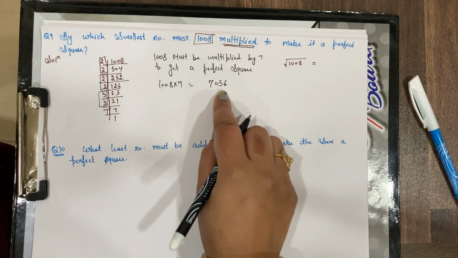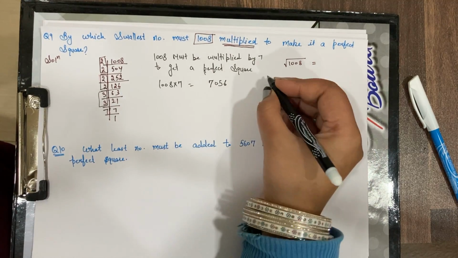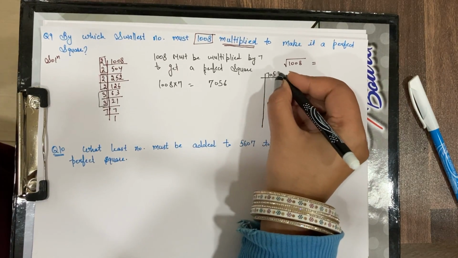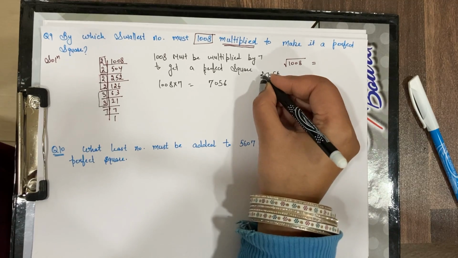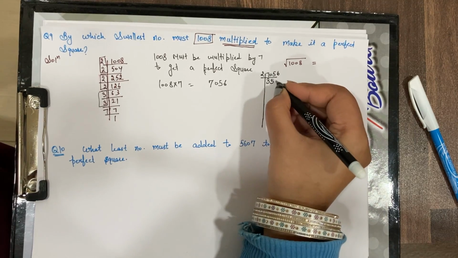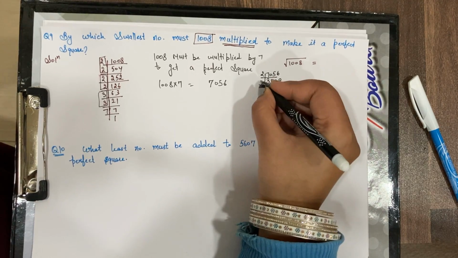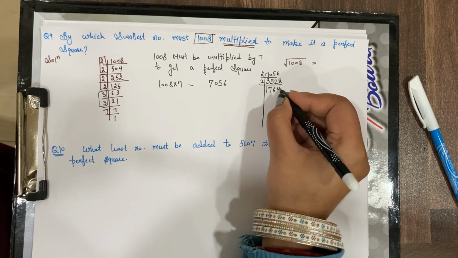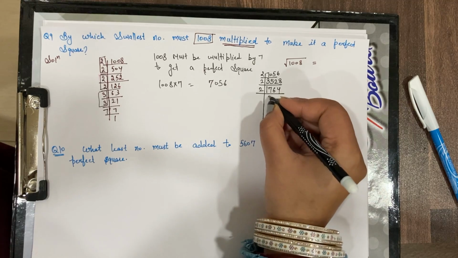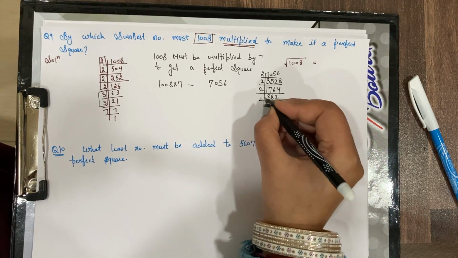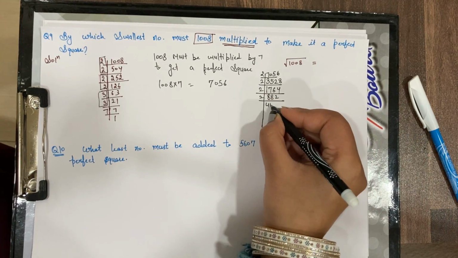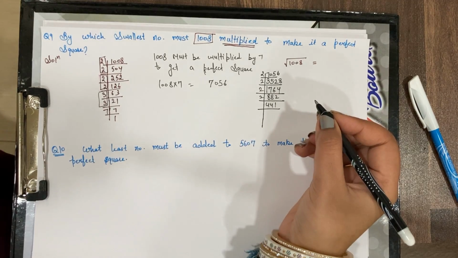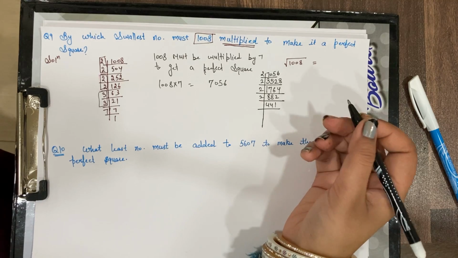Correct? Now we'll check whether this is a perfect square or not. 7056 on the table of 2: 3528. Again on the table of 2: 1764. On the table of 2: 882. Again on the table of 2: 441.